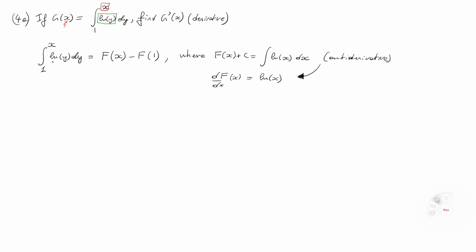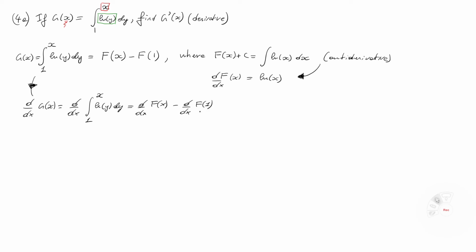And then let's have a look at what we have on the left here. Let's take the derivative of this whole expression. So this is my g of x. Then I get d dx of g of x is d dx of that integral, and that's d dx of f of x minus d dx of f of 1.